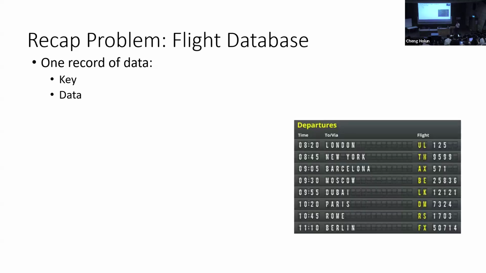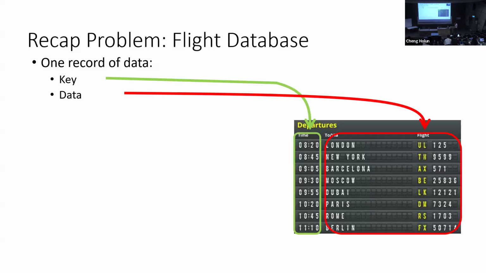For example, remember this example? The key can be any part of the data. I can use different keys also for multiple key references. But let's say we use the arrival time or departure time as the key, and each departure time will be related to the whole data.